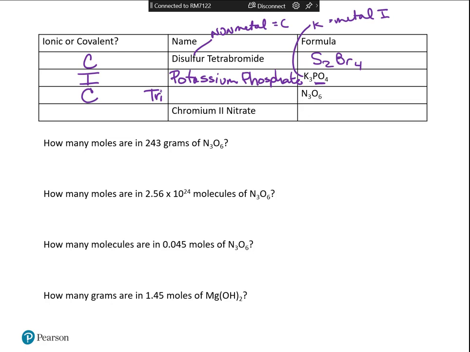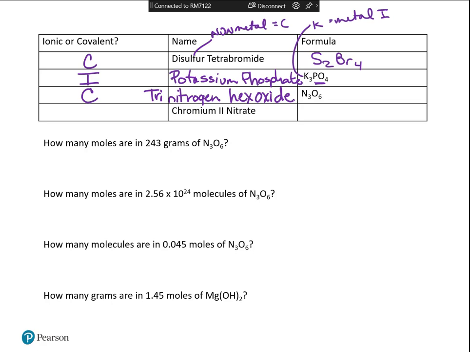Try nitrogen, whole name of the first element, and then hexoxide, first part of the second element plus IDE, but I have to use number prefixes with covalent. So whole name of the first element, and I know that looks kind of weird, trinitrogen, but it's always the whole name of the first element, first part of the second element plus IDE with covalent, but then you've got to add those number prefixes in.